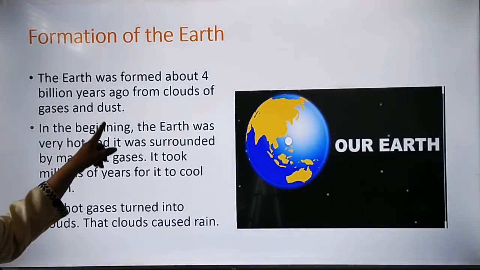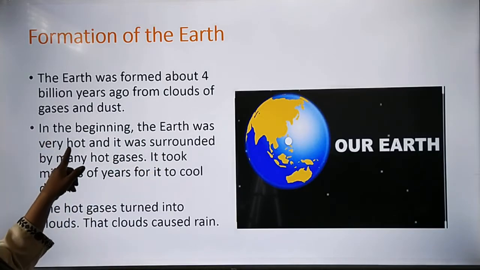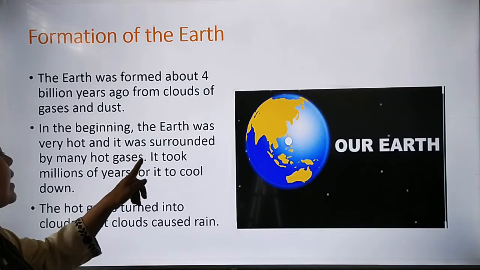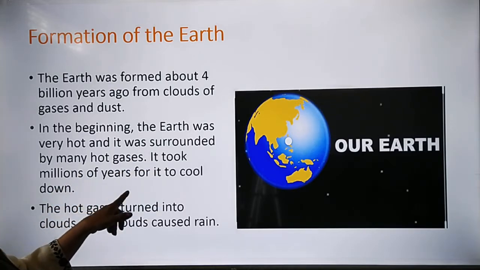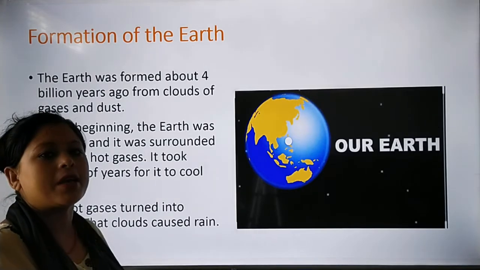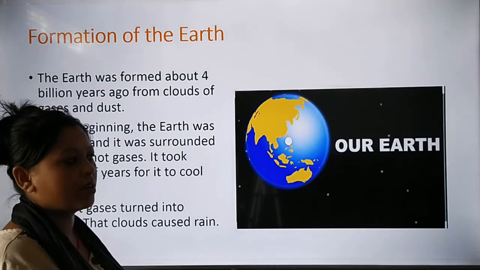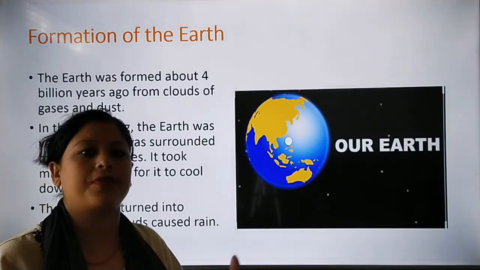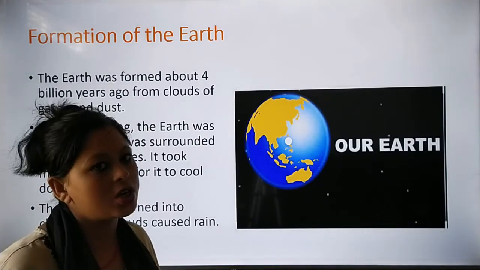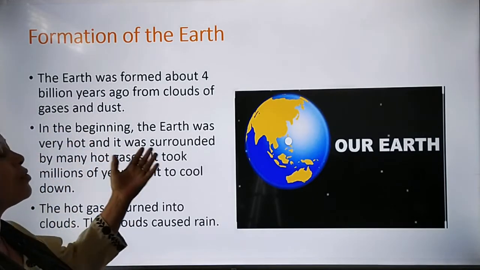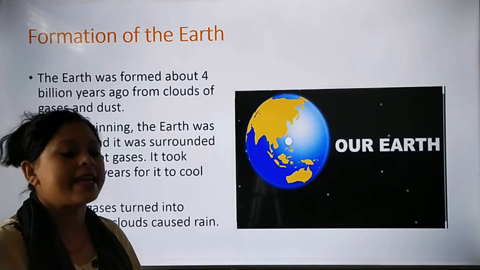In the beginning, the earth was very hot and it was surrounded by many hot gases. It took millions of years for it to cool down. So earth was very hot because it was surrounded by hot gases. Understood?